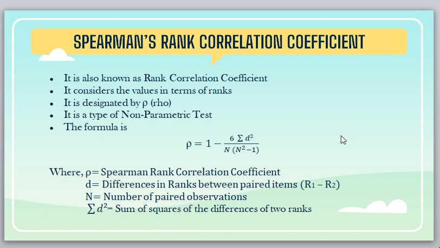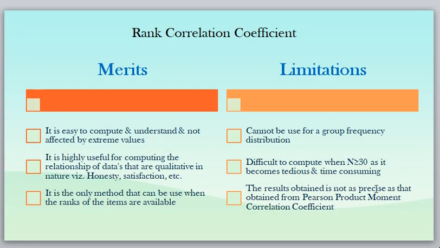You can get the steps in any statistical book. Here rho means the Spearman rank correlation coefficient, D means the differences in the ranks between the paired items, n means the number of paired observations, and summation D square means the sum of squares of the differences of the two ranks.